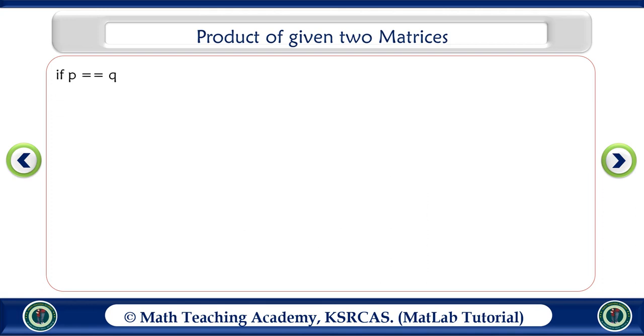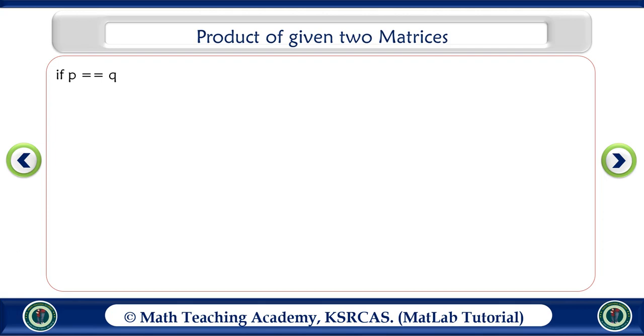Now we are going to multiply the given two matrices. To multiply the given two matrices, we have to check whether the number of columns of the first matrix is equal to the number of rows of the second matrix. This is achieved by the command if p equal to q.